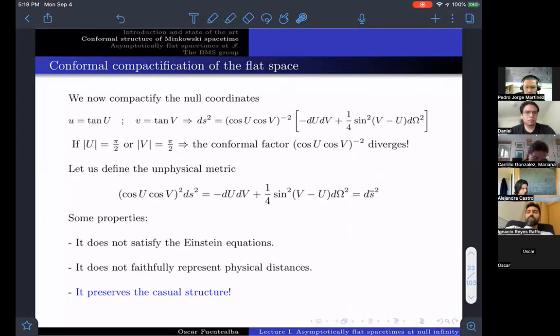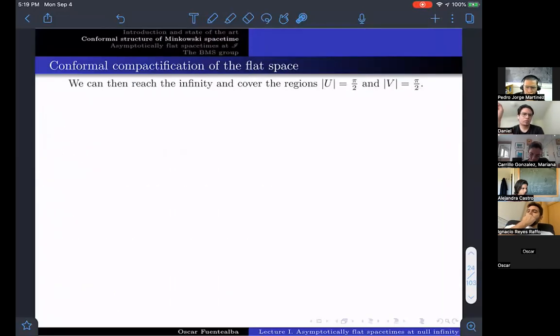Also, this metric does not faithfully represent physical distances, also because of the conformal factor. But the nice thing about this metric is that it preserves the causal structure. So we can now study the causal structure of infinity in the case of Minkowski spacetime. So we can reach infinity, as I said, and we can cover the regions where infinity is located.